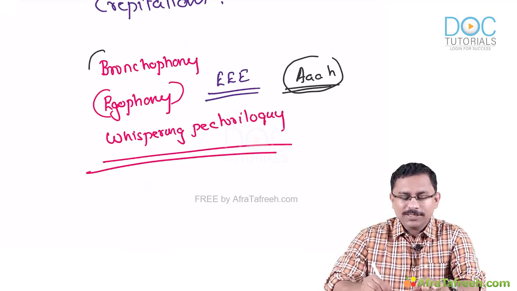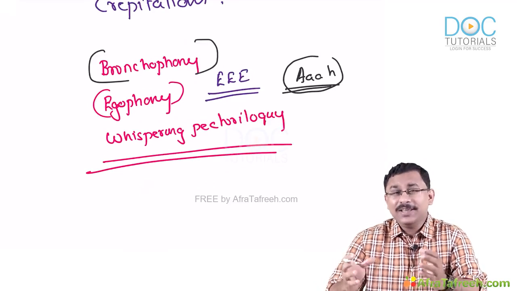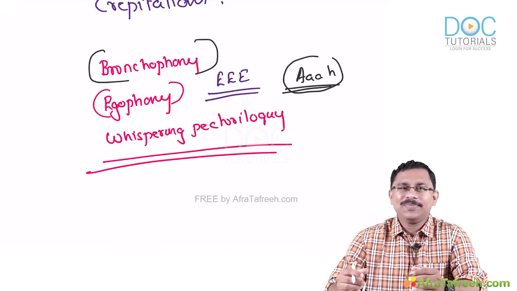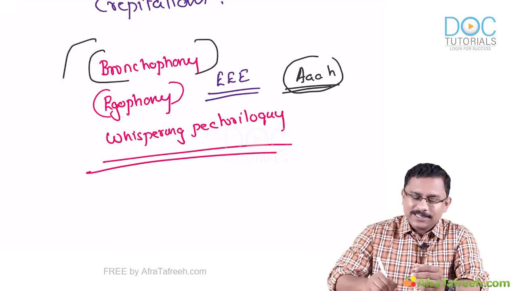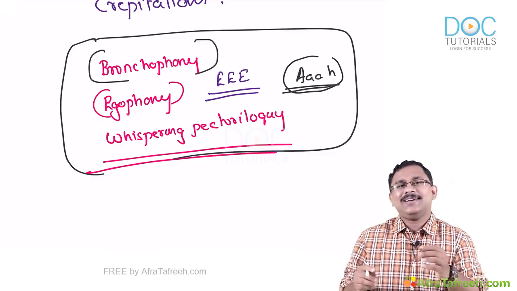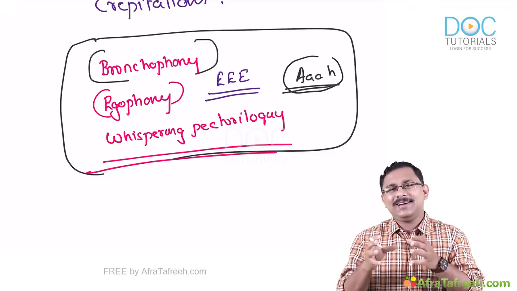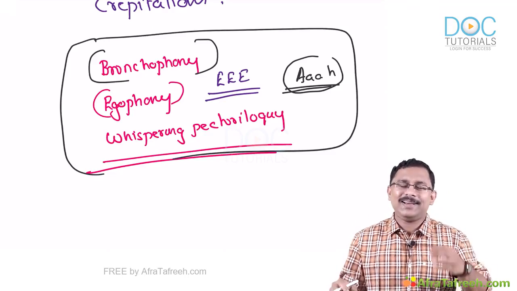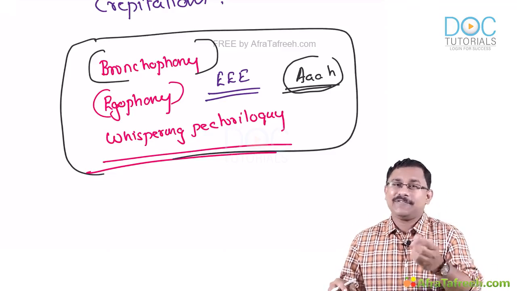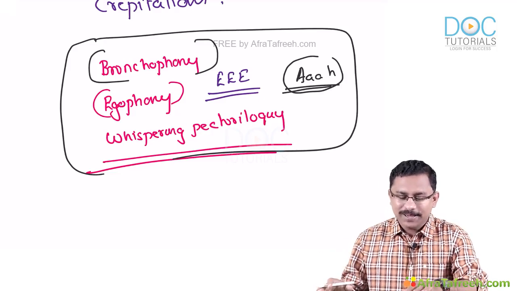And again, bronchophony is also because of the consolidation of lung parenchyma. And all these features are again a reflection that a solidified lung is better conducting than a lung which has lots of air. So that you have got to keep in mind.